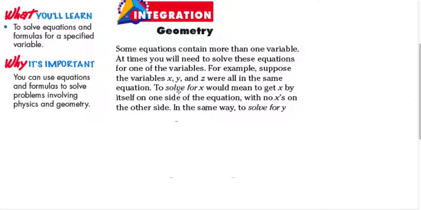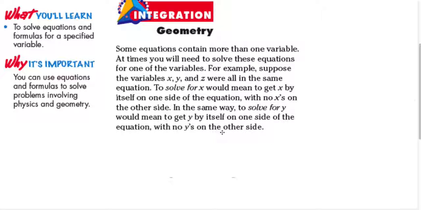So the x should be on one side, no x's on the other side. In the same way, to solve for y, you would get y by itself on one side of the equation with no y's on the other side. Remember that this is a good starting point when we're trying to solve an equation where you have more than one variable.